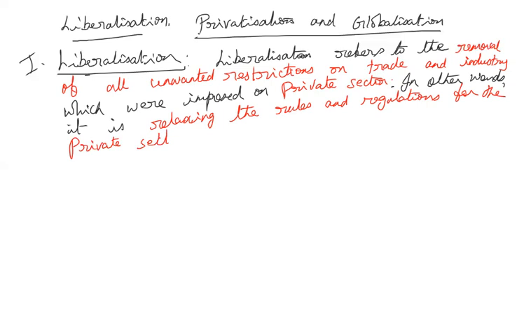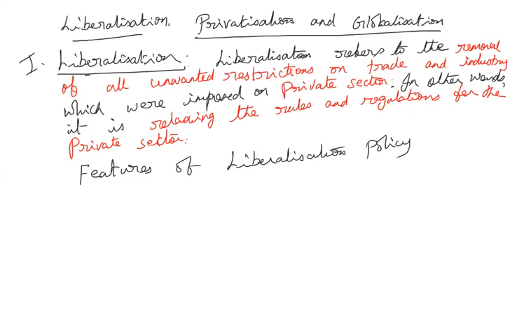So this is the meaning of liberalization. So now all the features of liberalization are the same as the features of the 1991 industrial policy resolution. So the features of liberalization policy: removal of, abolition of industrial licensing, relaxing the MRTP restrictions, all those we have seen, isn't it? All those are the liberalization measures.